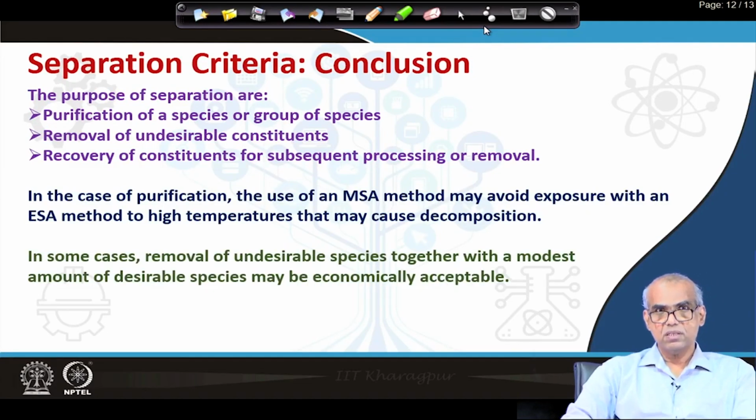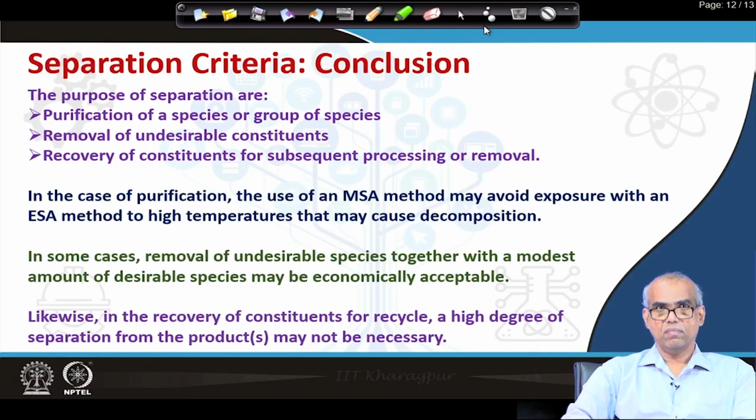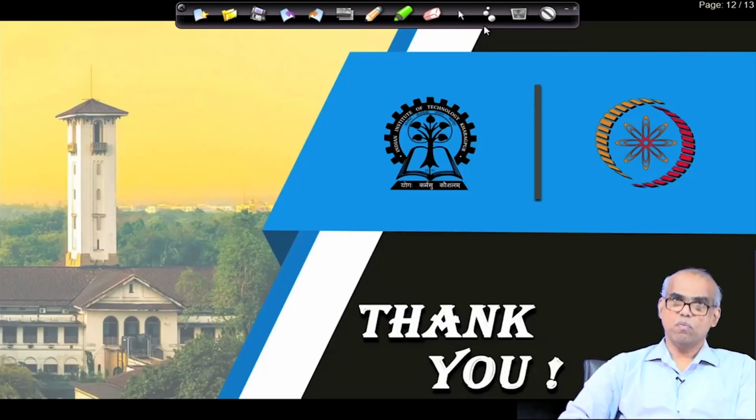In some cases, removal of undesirable species together with a modest amount of desirable species may be economically acceptable. Likewise, in the recovery of constituents for recycle, a high degree of separation from the products may not always be necessary. With this, we stop our discussion here.